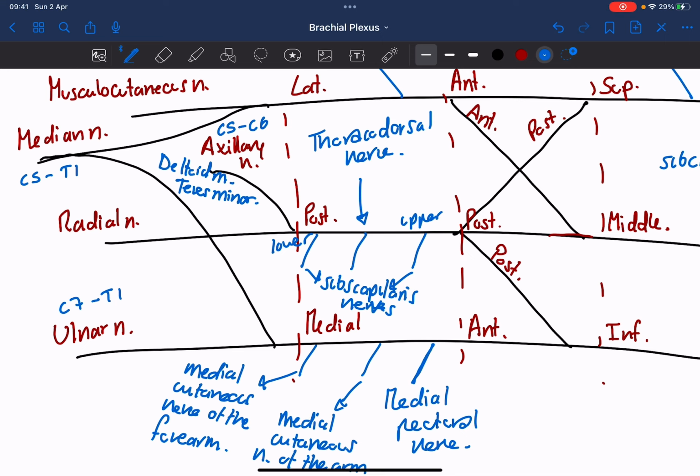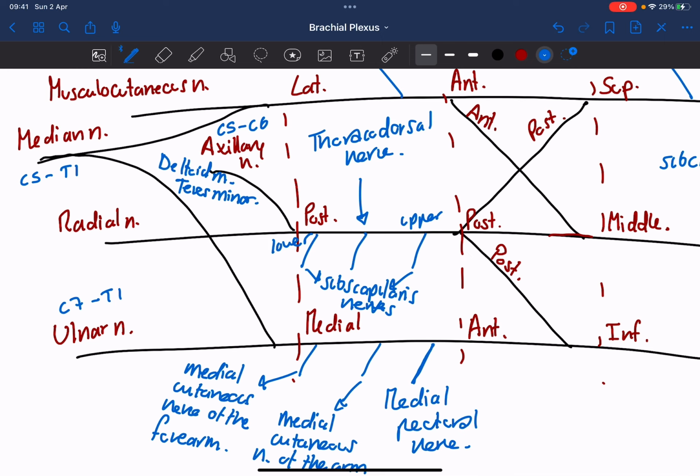But it's also important to supply muscles of the hand. So out of the 20 muscles that I mentioned earlier, 15 of those muscles are supplied by the ulnar nerve. And those include the third and fourth lumbricals, because the first and the second are supplied by the median nerve. So the third and fourth are supplied by the ulnar nerve.